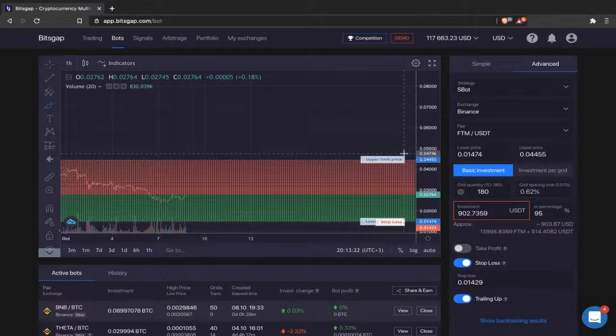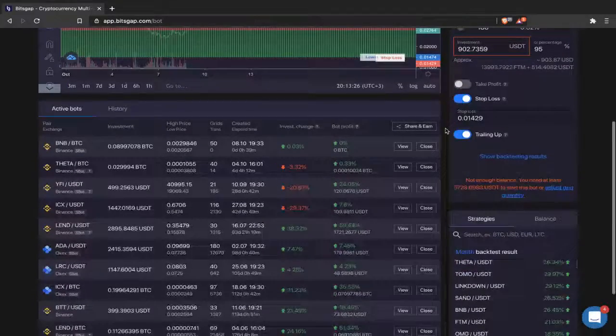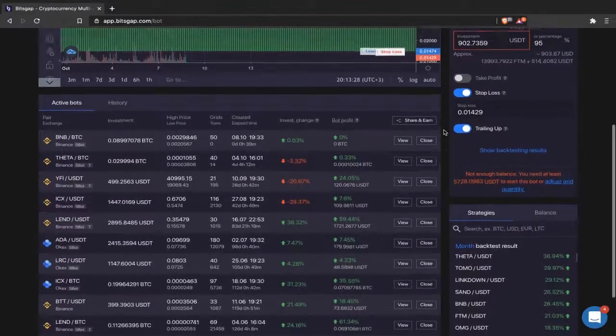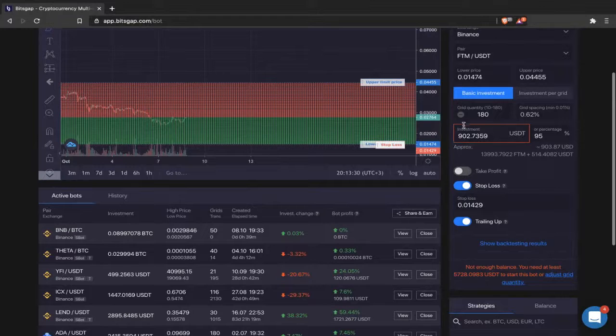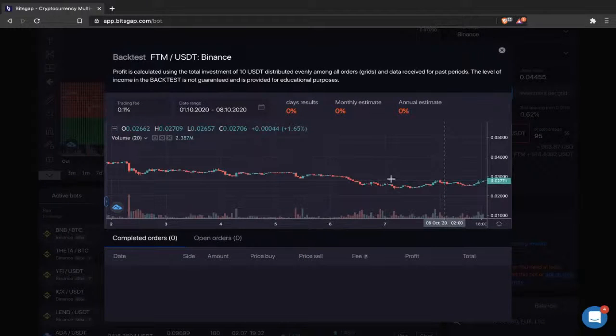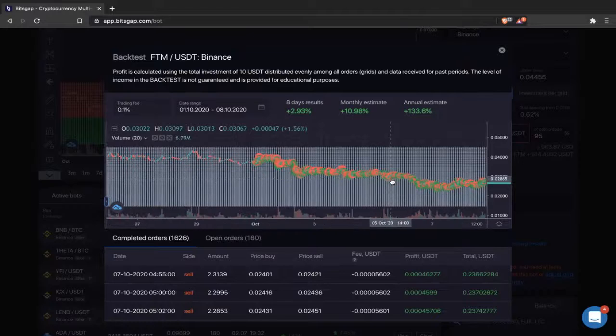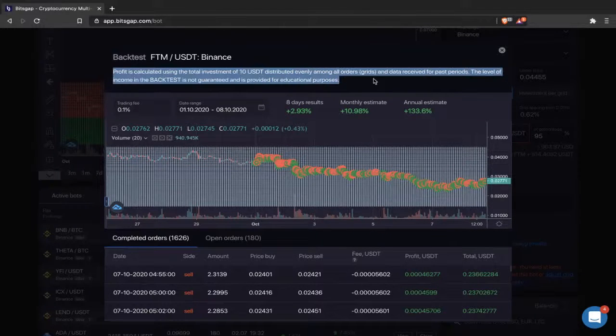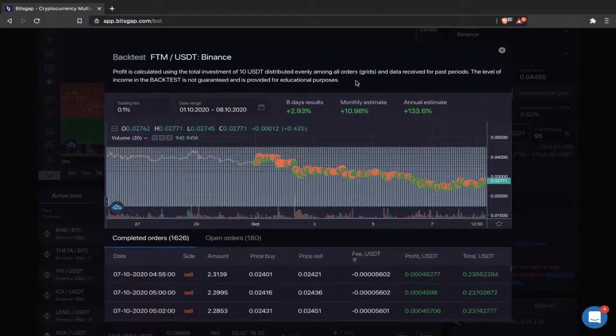Well, Jack Williams has an interesting question about the fees calculation. Well, in the show backtesting results, the only thing taken into account, it's actually explained over here. So it only backtests based on the bot profit it would have generated.